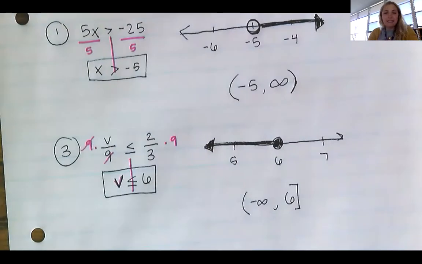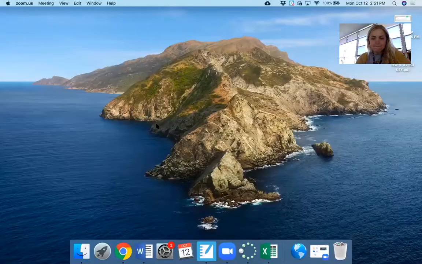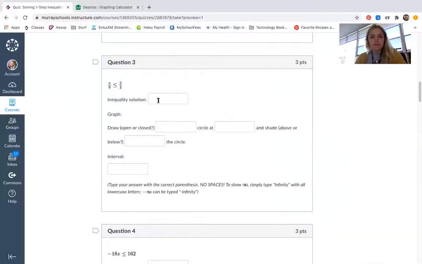So now I'm going to type these in correctly for problem number 3. Okay. For our inequality solution, we said it was v is less than or equal to 6. And remember, that's how we type in less than or equal to. This was a closed circle, and the circle was at 6.